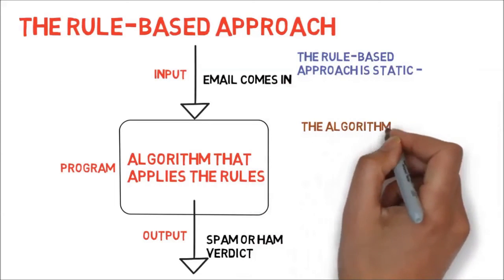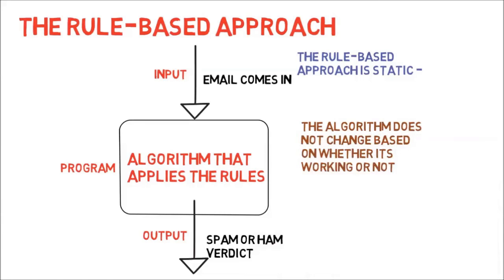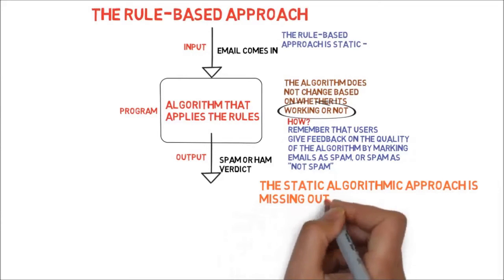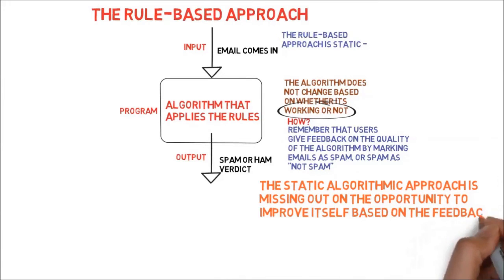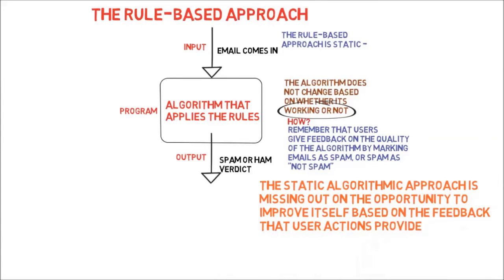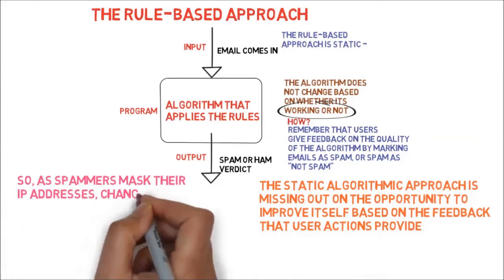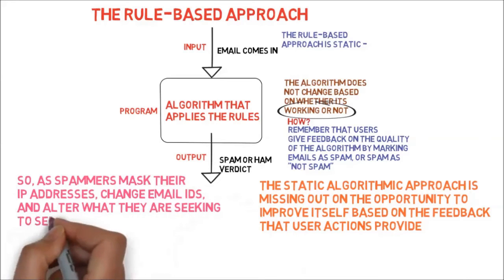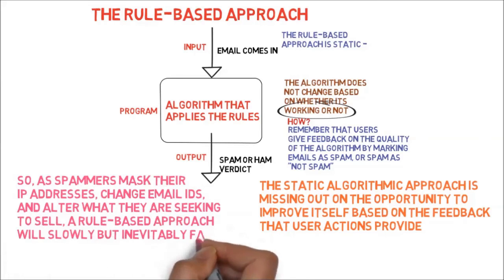The algorithm does not change based on whether it's working or not, unless you manually go and change the set of rules the algorithm is based on. The rule-based approach, the static algorithm, is missing out on the opportunity of using readily available data, the feedback of the users. So, as the super smart spammers keep altering their approach by changing their IP address or changing the words that they use, the rule-based approach will slowly but inevitably fall behind.